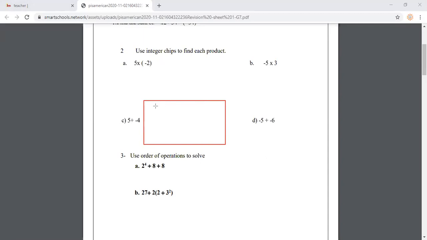And inside it, we are going to put 5 positive. So I have 1, 2, 3, 4, 5. Those will be positive or negative? Positive. Okay, and then we are going to choose another 4 that will be negative. So I have 1, 2, 3, 4.